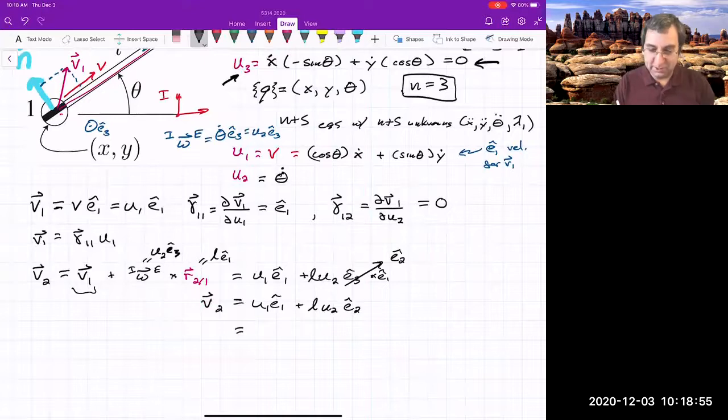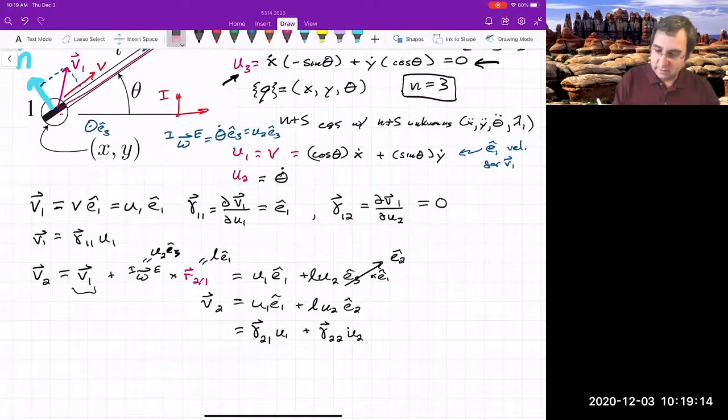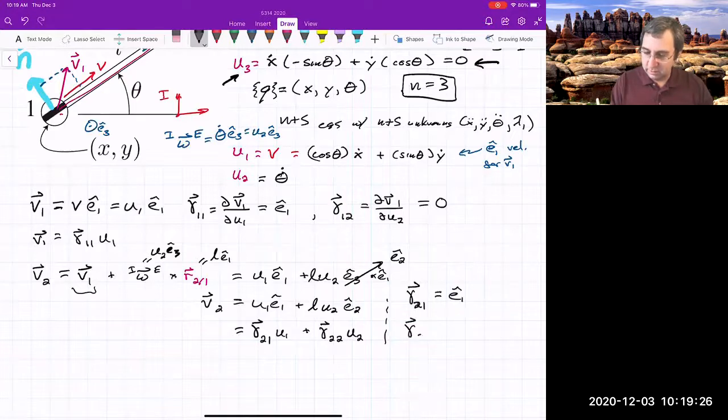From up above, this has to be able to be written as gamma 2,1 u1 plus gamma 2,2 u2. So gamma 2,1 equals E1, and gamma 2,2 equals L E2.